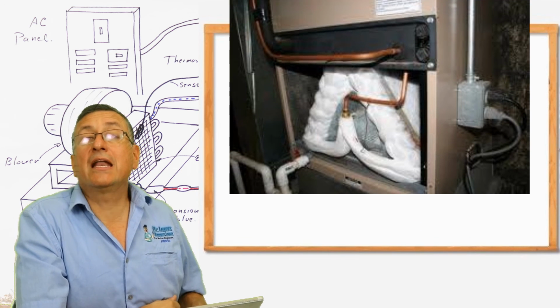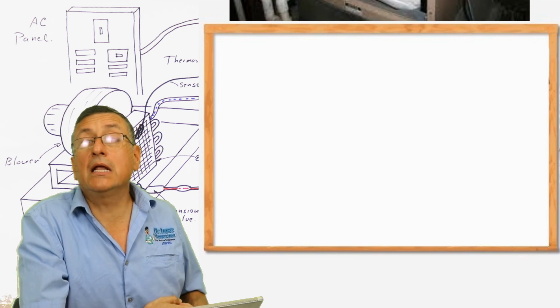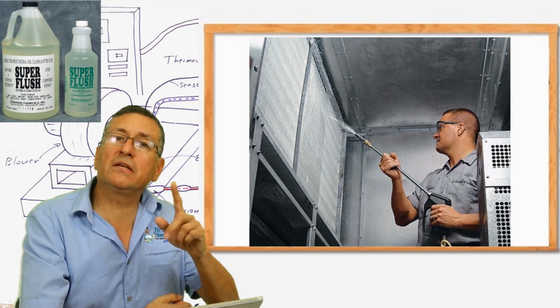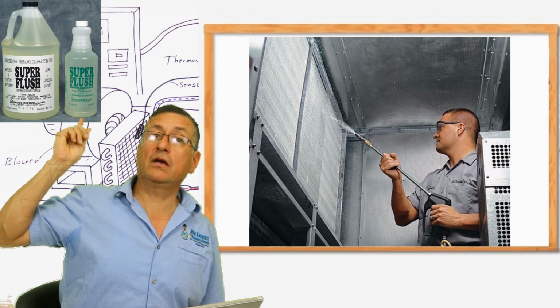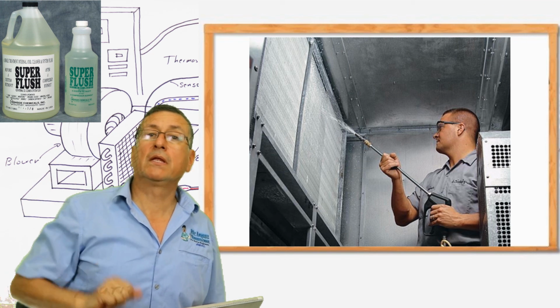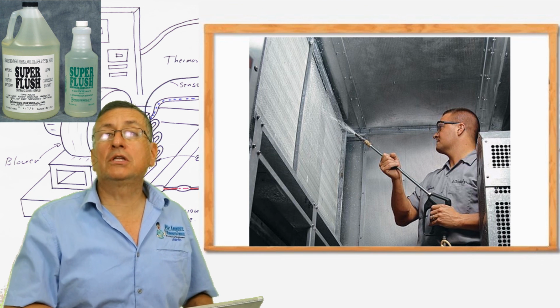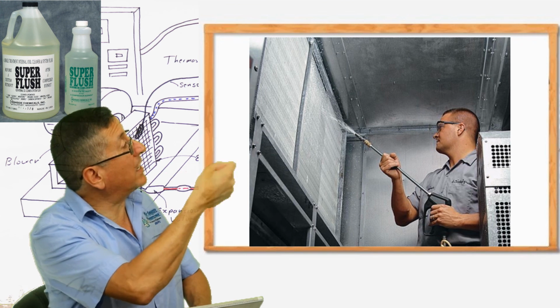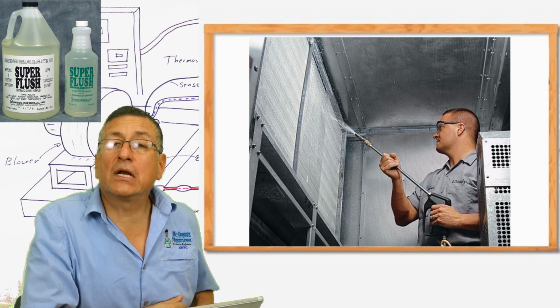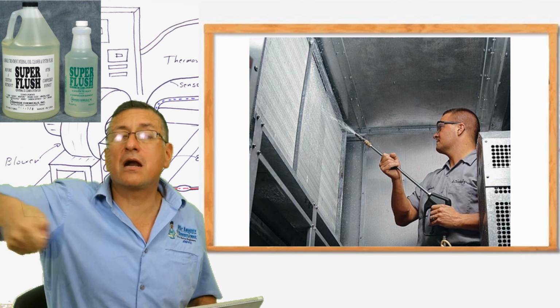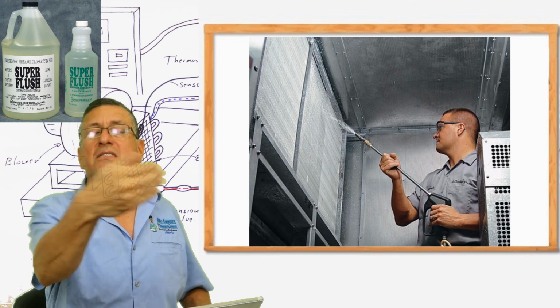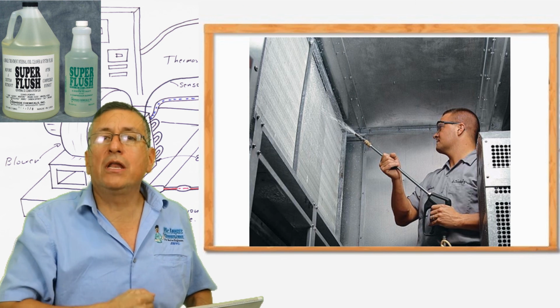And after that, I recommend cleaning with a special product for evaporator coils. That one, or bleach is good. And after that, with water at high pressure, you clean the evaporator, and with air at high pressure, you blow the air in order to clean the fins of the evaporator. That's the only way.